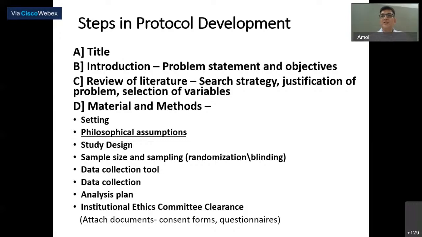You have to also attach the questionnaire, the data extraction form, and the consent form in both English and in the local language, which your participant should understand. Now we are going to see the small details of each of these. When you develop a protocol, what all you should have in the title, and what you should be thinking when you write under that title.